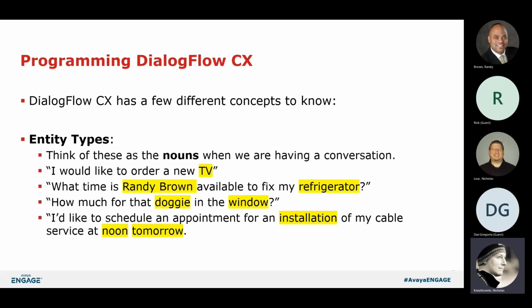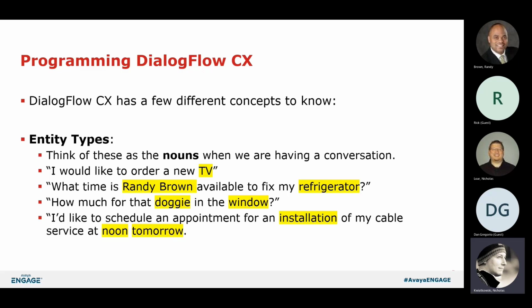So when you start programming a DialogFlow CX system, there are a couple of key concepts you're going to have to know. One of them is called an entity type. Think of that as the nouns that you're working with in that conversation. So: I'd like to order a new TV. That TV is an entity type. What time is Randy Brown available to fix my refrigerator? How much is that doggy in the window? I'd like to schedule an appointment for an installation of my cable service at noon tomorrow.